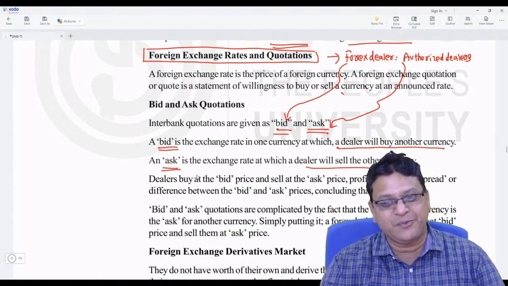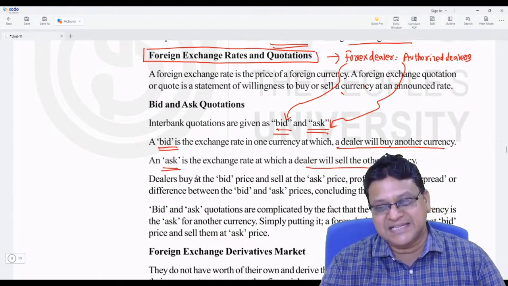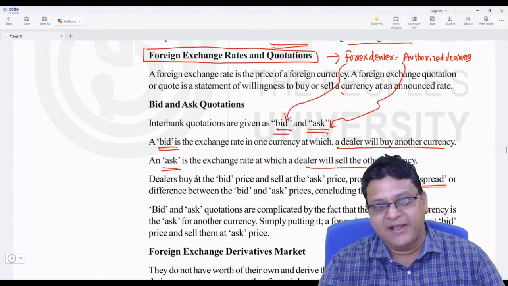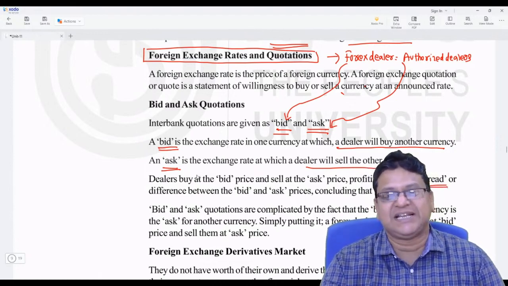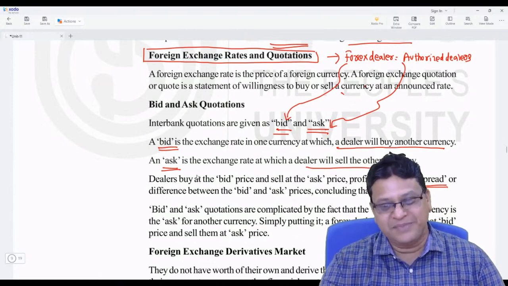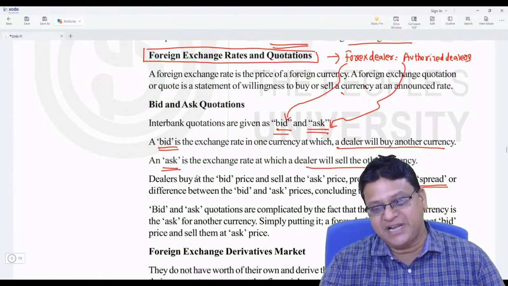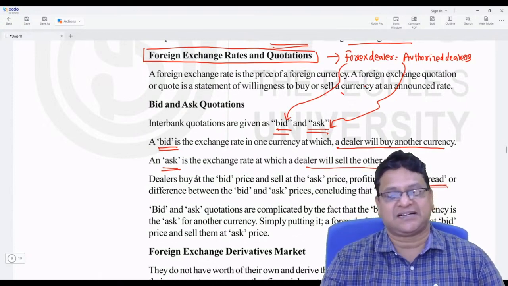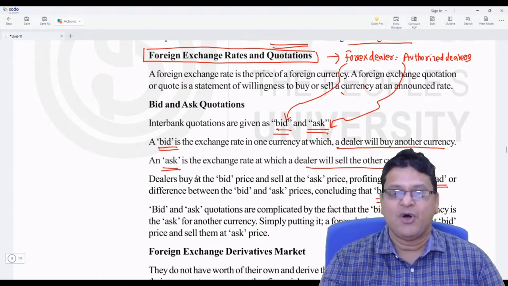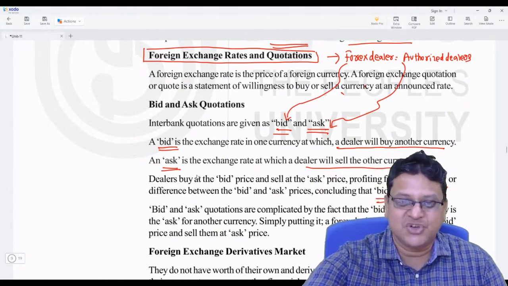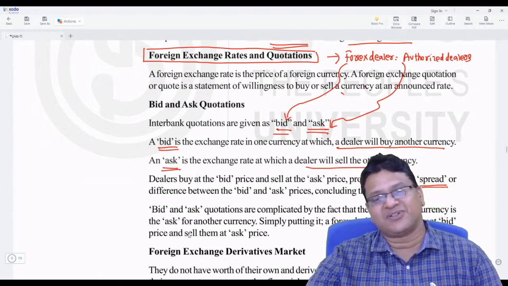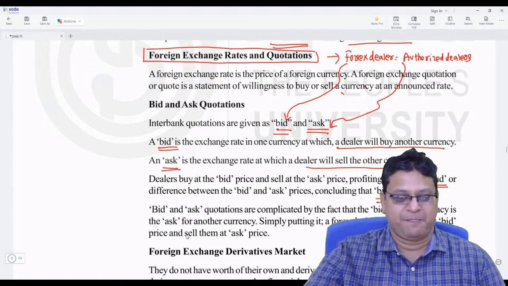The difference between bid rate and ask rate is known as the spread, or the margin of the forex dealer. So bid rate is always less than ask rate, and the difference is the spread or margin. This is enjoyed by forex dealers, authorized dealers or banks.